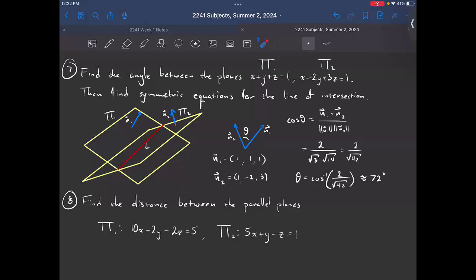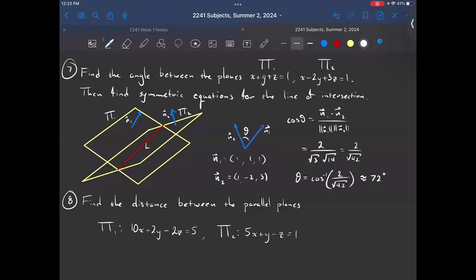So all we have to do is choose a variable, set it equal to 0, and then we can solve for the x and y coordinates of that point. Then we'll have our z coordinate, it's 0, and then we can use that as the starting point for our line.